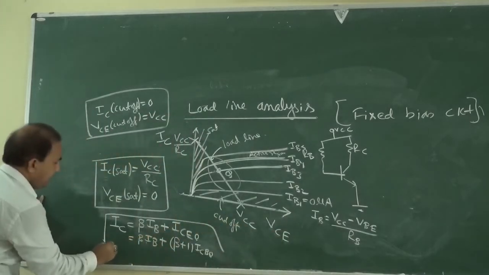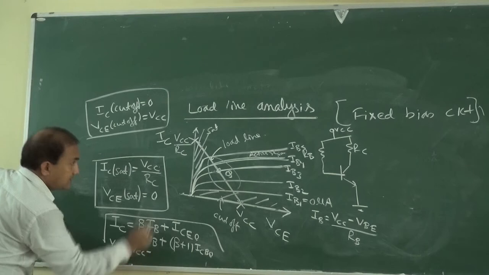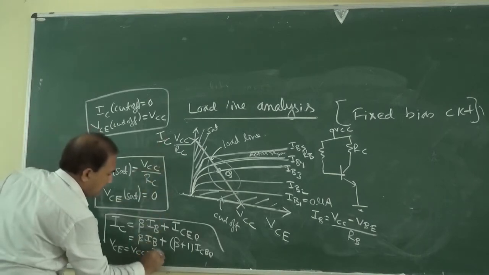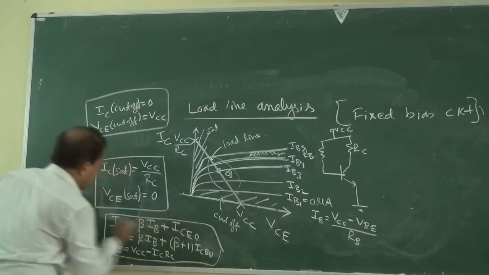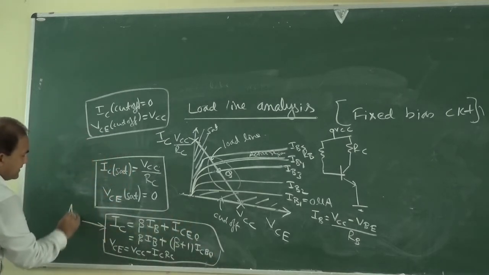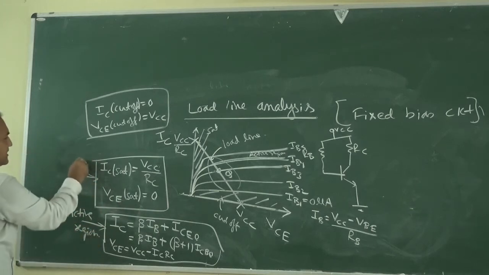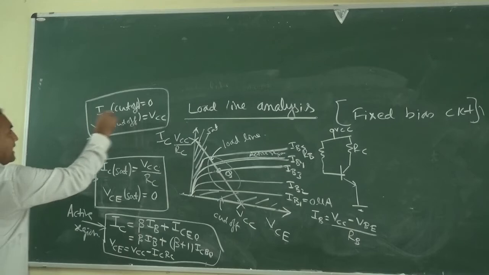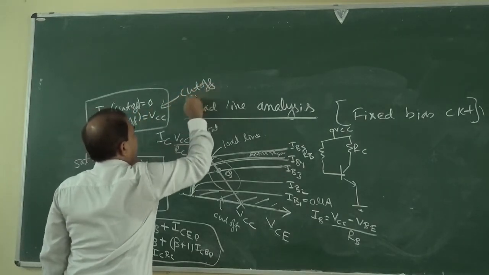VCE is equal to VCC minus IC RC. So this is for the active region, this is for the saturation region, and this is for the cutoff region.